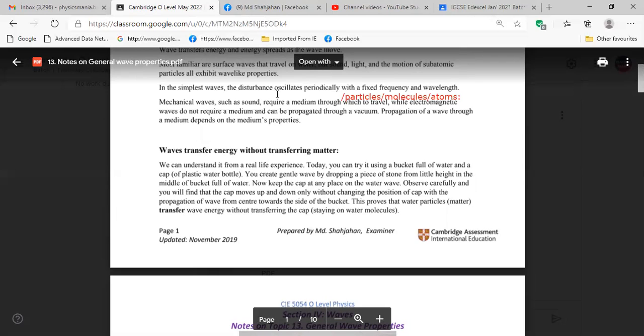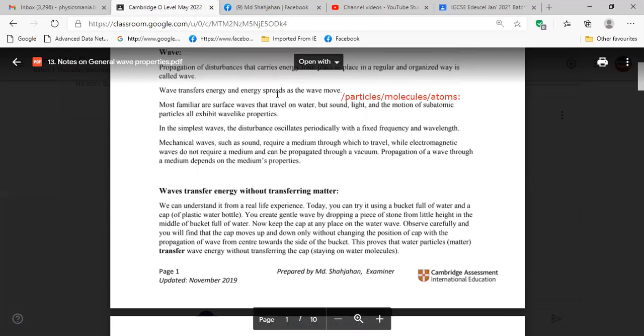Can you read again? Oscillates. And we have another word related to it, that is oscillations. So this one is a verb and oscillation is a noun. Is it clear? Yes, sir.